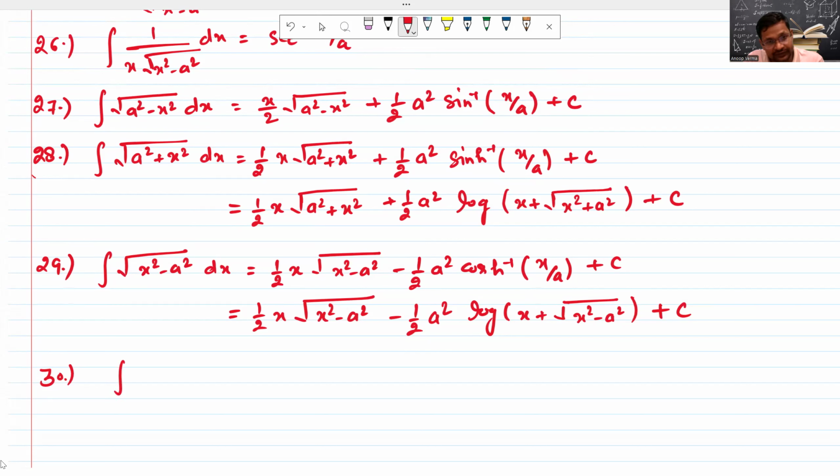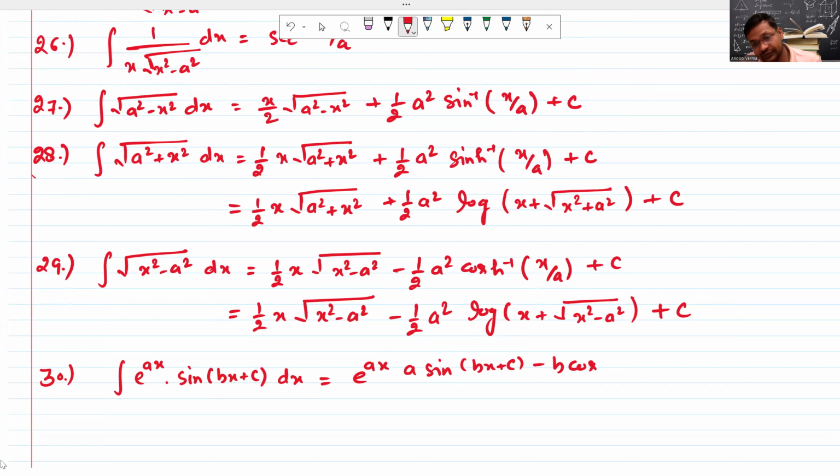So the integration of e to power ax multiplied with sine of bx plus c dx is equal to e to power ax, into a sine of bx plus c minus b cos of bx plus c, all divided by a square plus b square, plus some constant.